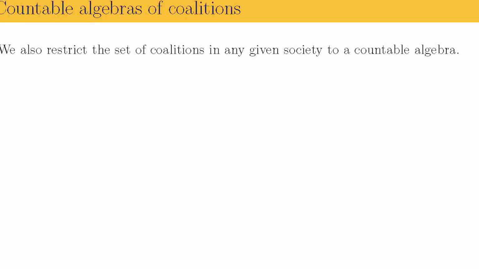And again, with our algebra of coalitions, we're going to restrict from the algebra of all sets of subsets of our set of voters to some countable algebra. So it's going to contain the empty set, it's going to contain the set of all voters, it's going to be closed under unions, closed under intersections, closed under relative complements. But we don't put any other restrictions on.